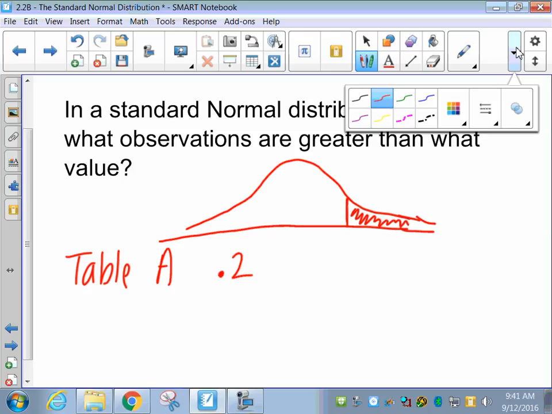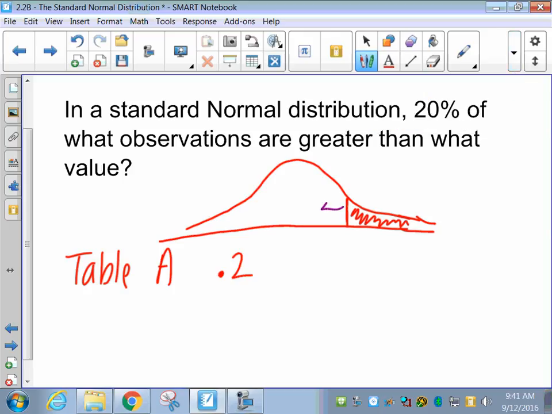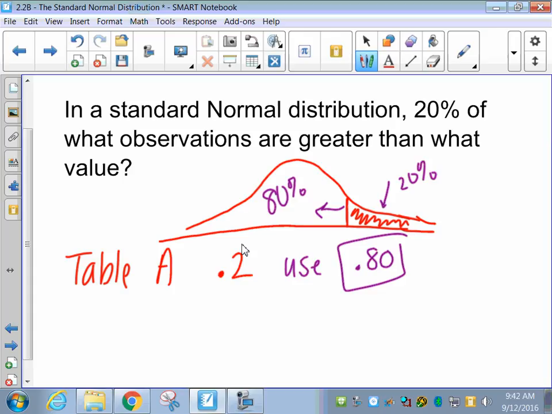Yeah, we got to do 80% because I need left of it, right? Our table only does left of. So this is 20%. Well, that means we actually need to find 0.8. Unless I was over here, and then 0.2 would work, right?